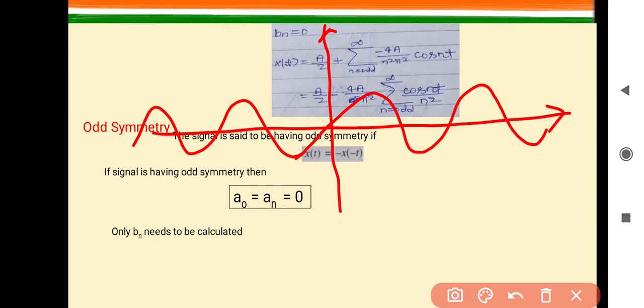As the signal appears in the first quadrant, the same shape of the signal will appear in the third quadrant. This is how we can identify by observing the graph whether a given signal is an odd signal or does not have odd symmetry. It is also called rotation symmetry. In this signal, if we take reversal about the y axis and then reversal about the x axis, we will get the same signal again.